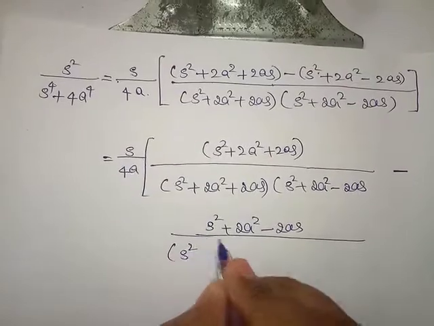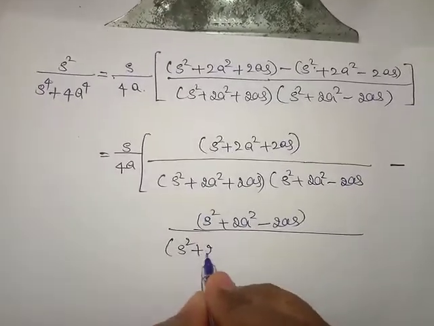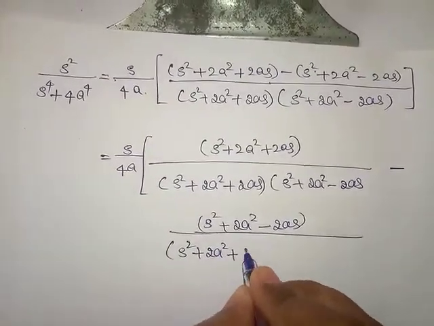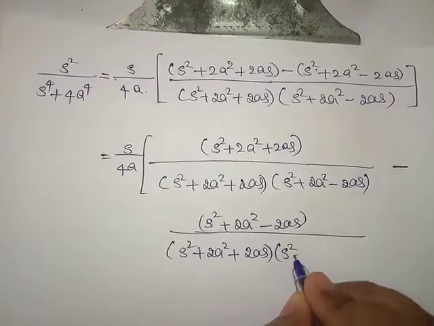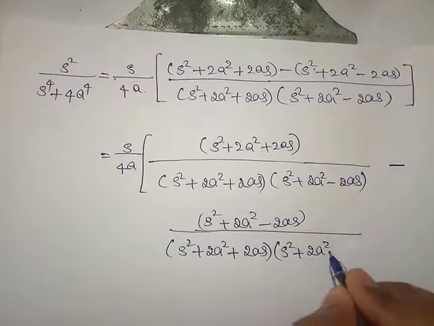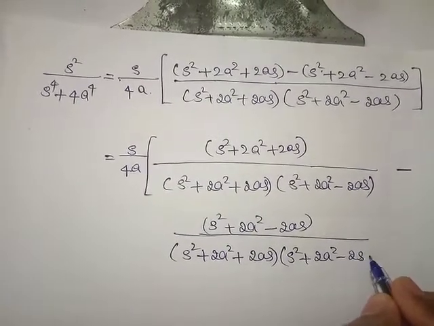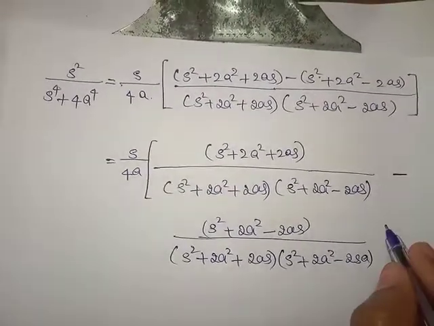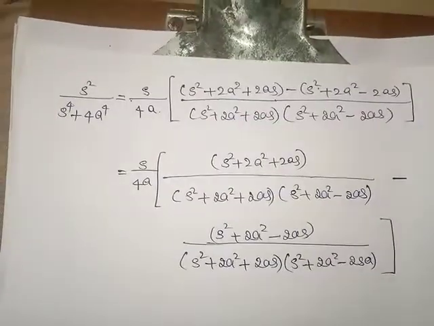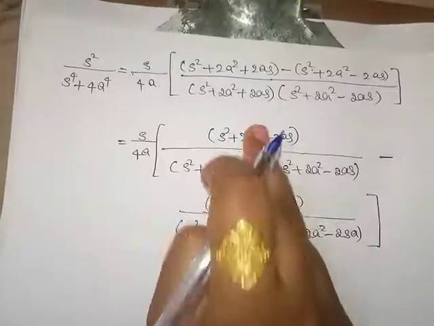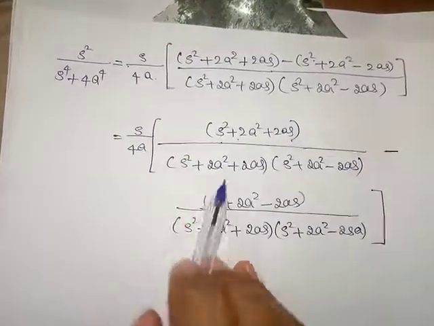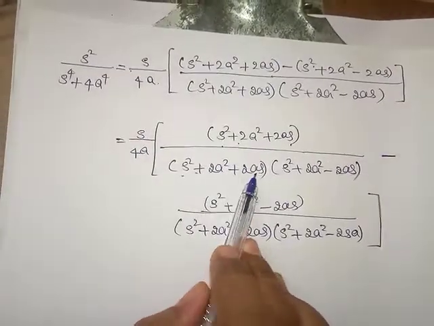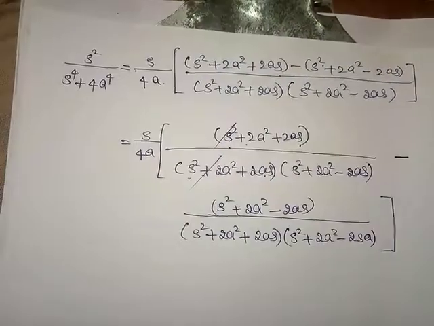Minus (s² + 2a² − 2as) divided by (s² + 2a² + 2as) into (s² + 2a² − 2as). Here in the numerator and denominator we have the same terms, s² + 2a² + 2as, so these two terms will cancel.